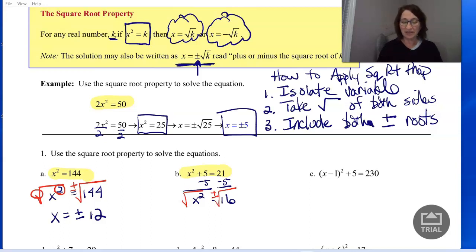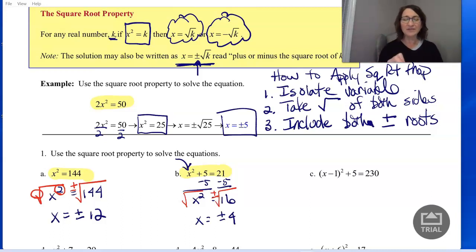And so that's just going to leave me with x is equal to plus or minus 4. So that means that if I take both a positive 4 and a negative 4 and plug them in for x, I'm going to get true statements. I'm going to get the same number on both sides of my equation.